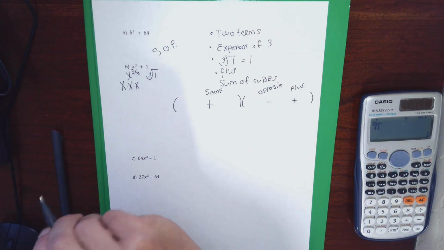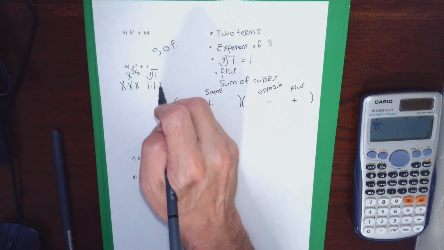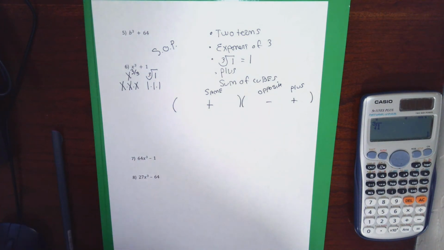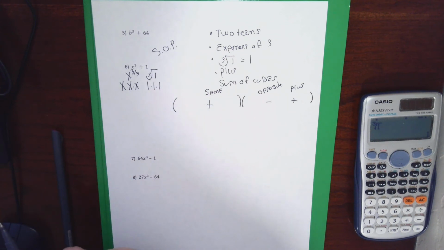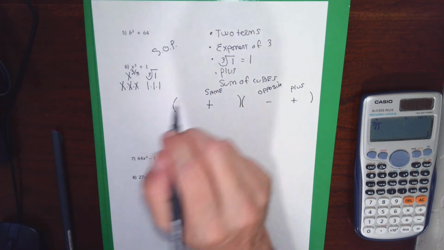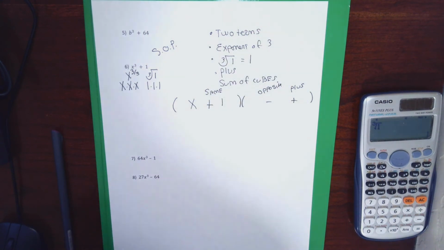For the 1, if I cube root the 1 and get 1, that tells me that 1 can be written as 1 times 1 times 1. It's important to be able to write each of the terms in the original problem as the product of 3 identical factors. Once I'm able to do that, the first parentheses gets 1 from each group.